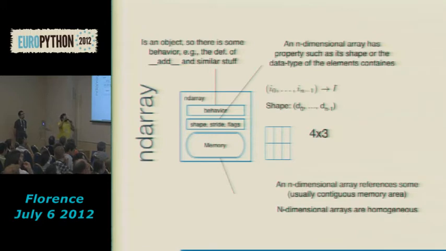And this is basically the layout of an ndarray, which stands for n-dimensional array, I think. You have a memory area of homogeneous type objects. So that's different from Python lists usually. And then you have some properties, for example, the shape of the array, which can be, for example, a 4 times 3 matrix, but can be more general than that.